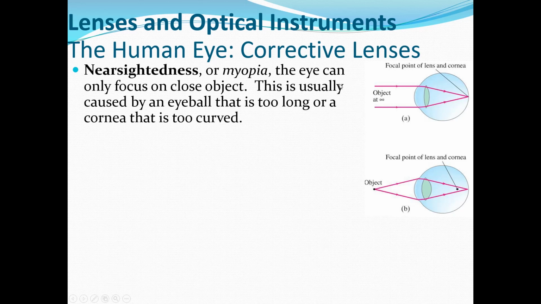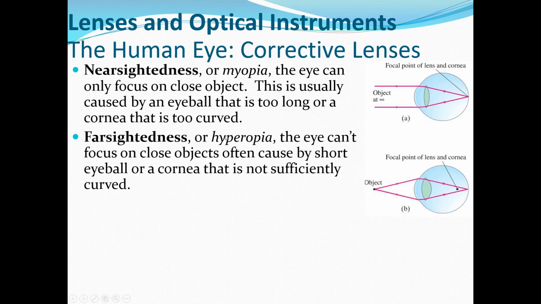Normally, light coming from infinitely far away would strike the back of the retina, because that's where the focal point is. But for someone with nearsightedness, it would focus here, and anything far away would end up becoming very blurry, because after it passes through this point, it gets that circle of confusion, that blurriness. So it's only the close objects that will be able to focus on the retina.